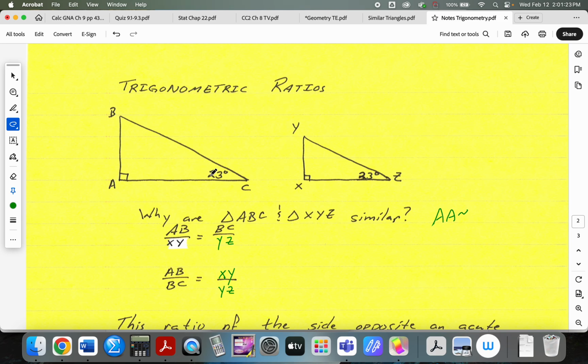Well, from the 23, in both cases, where is the part on top, the AB and the XY? What do we call that when it's all the way across the triangle? It's called opposite.